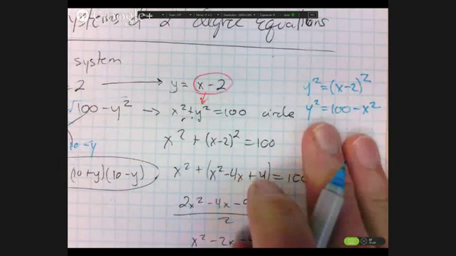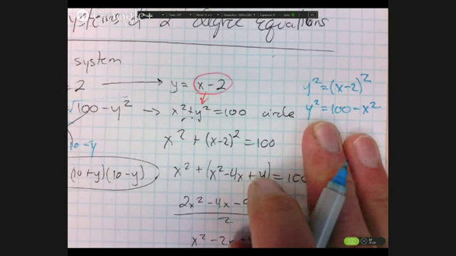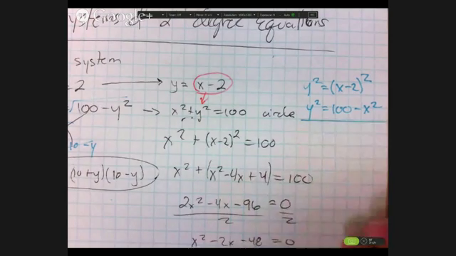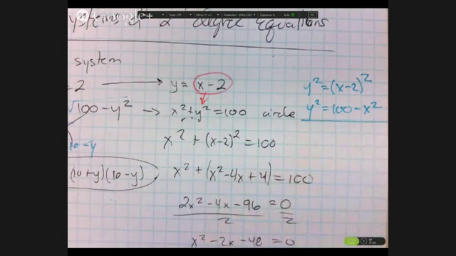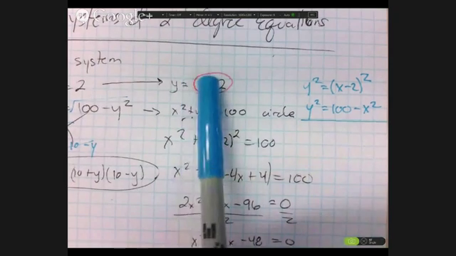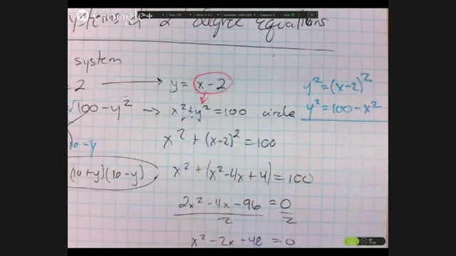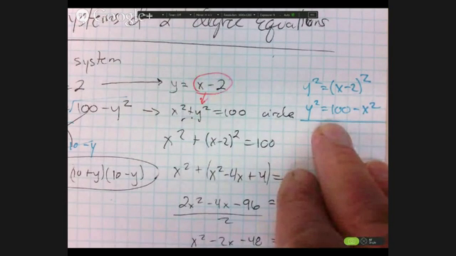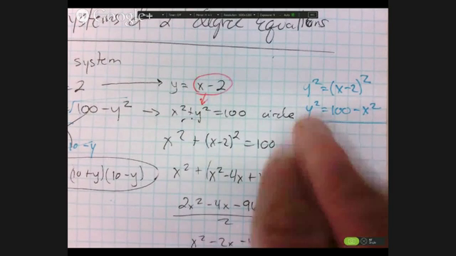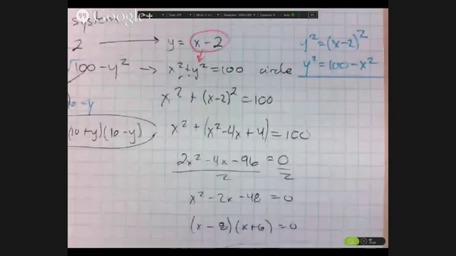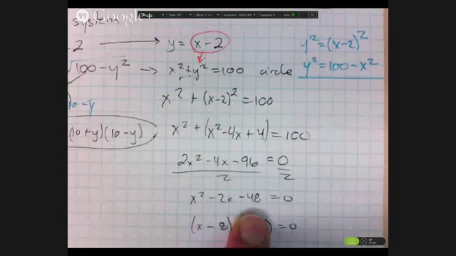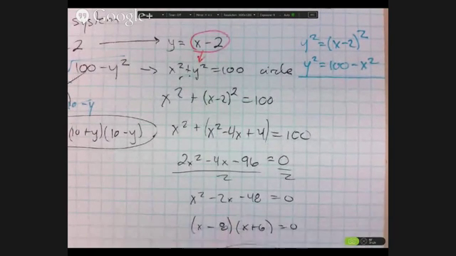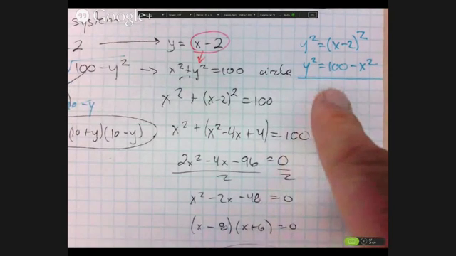Now you can use elimination if you want. Why would you do that? If you are more comfortable with elimination, you can use it. So we just square each side of the linear function. The problem with this, you're going to get 4 answers. You have to take 2 of them out. So be careful on that method. This one over here will work every time straight through. Keep in mind that might give you more answers than you need.